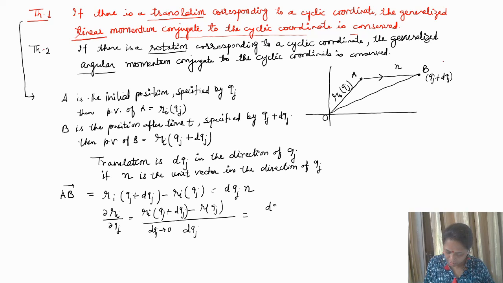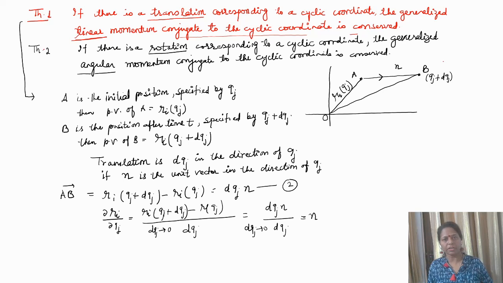And this is dqj n, and dqj is tending to 0. This is simply n. This is a unit vector in the direction of translation.